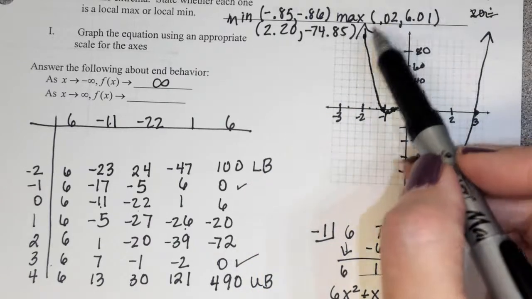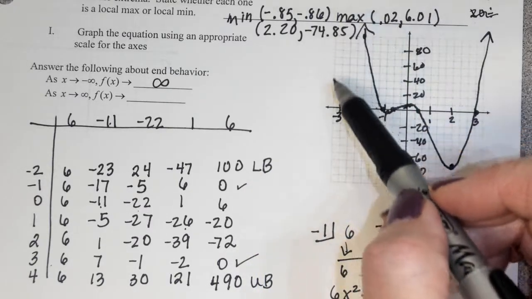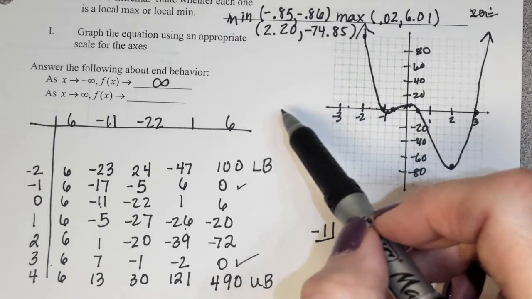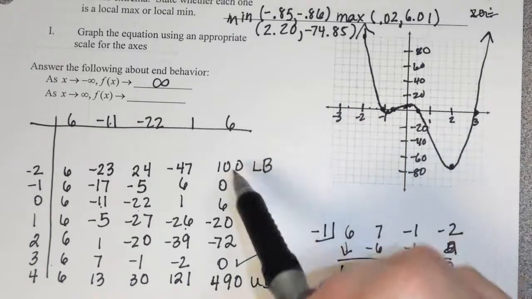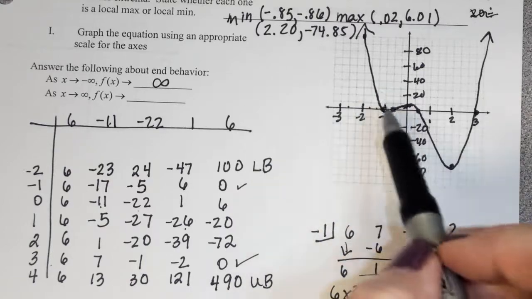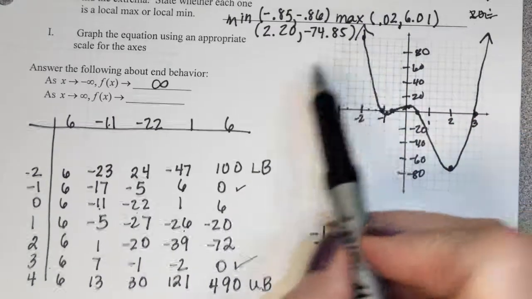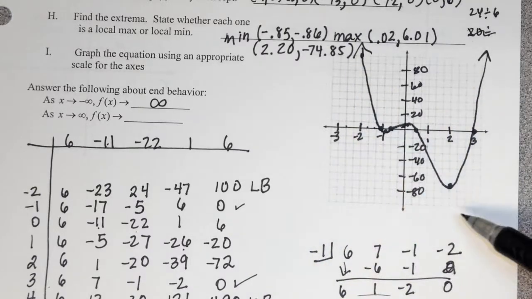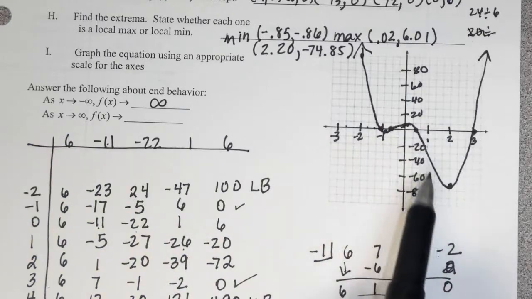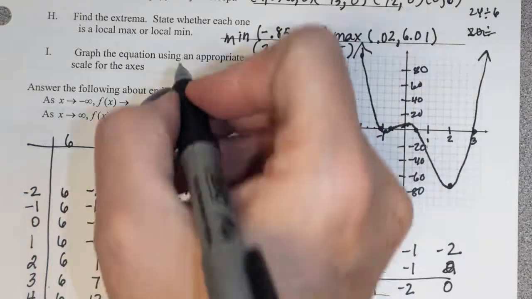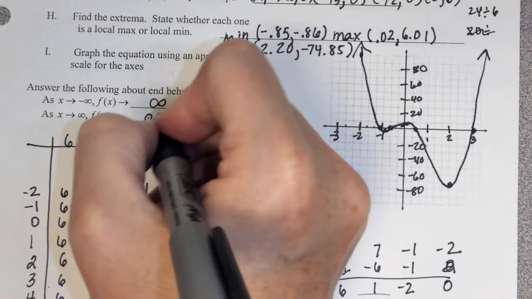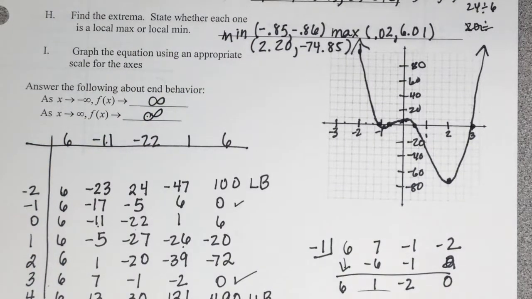If this is the lower bound, it's not allowed to come back down and cross the x-axis because there can't be any more x-intercepts, right? There can't be any more zeros. So that would be the reason why. That's the lower bound. It's going to keep going up. Plus, if it's to the 4th power, don't we know that it has to go up, up, or down, down? at the ends. Okay, it should all make sense. As x goes to positive infinity, what's y going to? You guys, infinity.